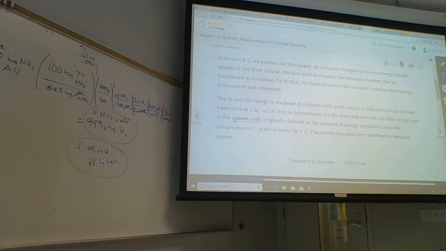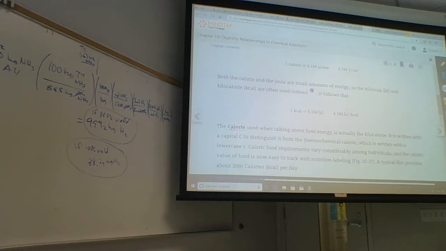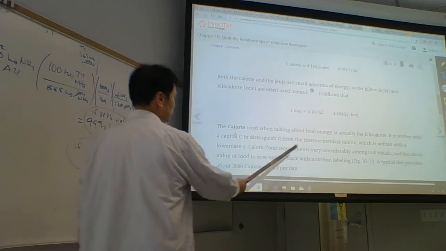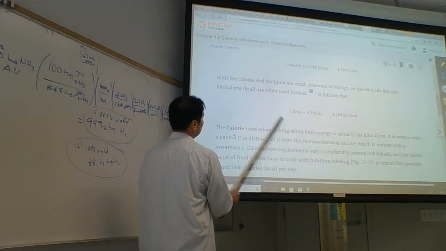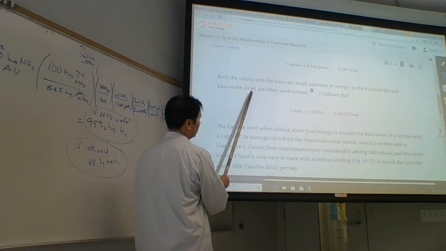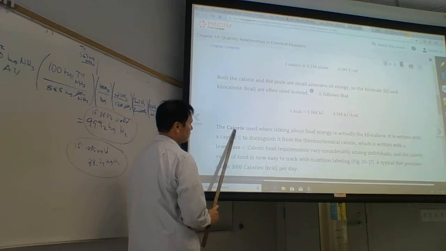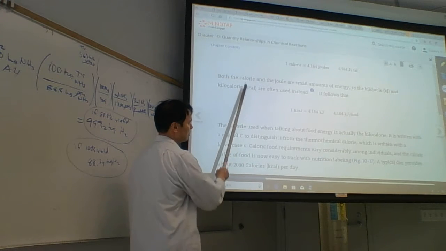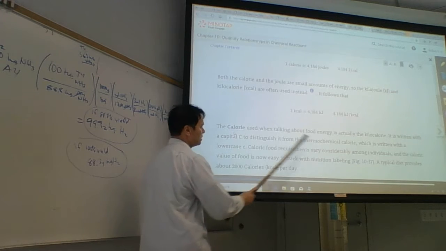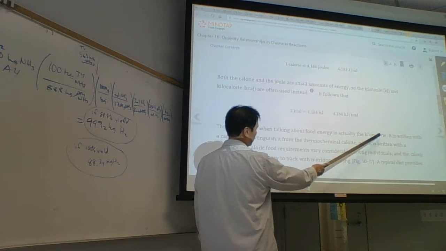There's the one with the lowercase c, and there's one with the uppercase C. The one with the uppercase C, the capital C, is the food calorie. And the one with the small c is the chemical calorie. The only difference is that a food calorie is 1,000 chemical calories. In other words, a food calorie is equal to 1 kilocalorie.